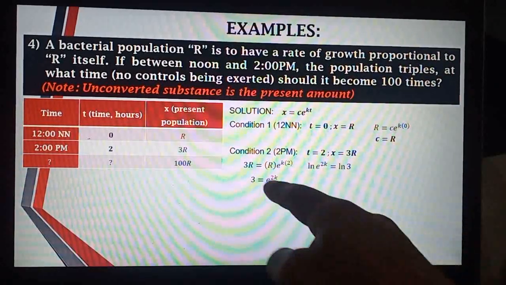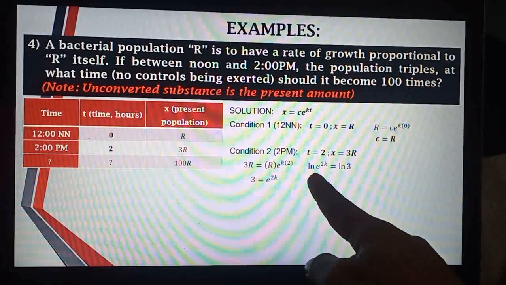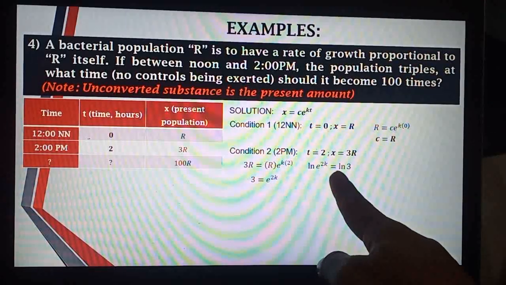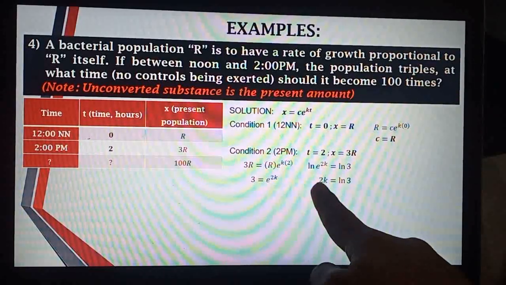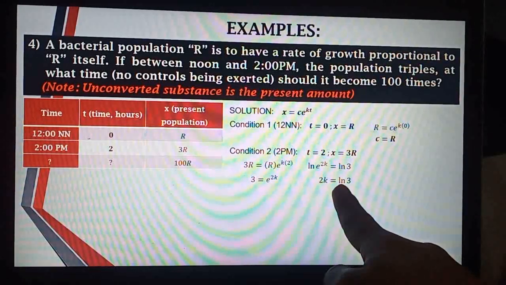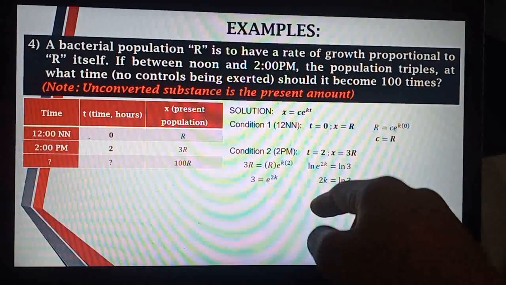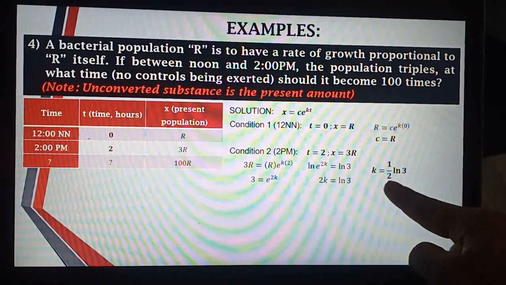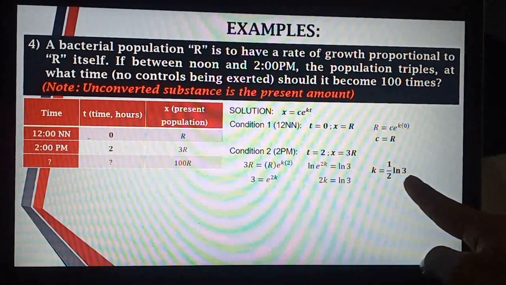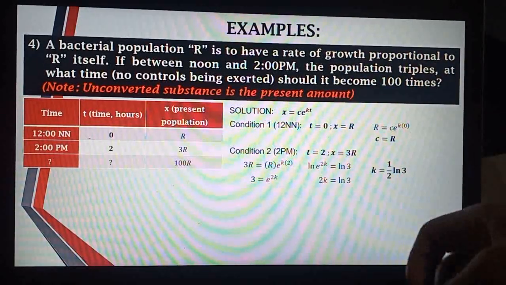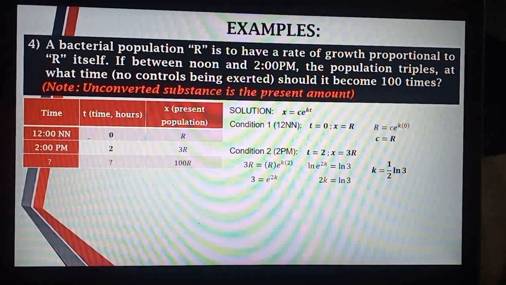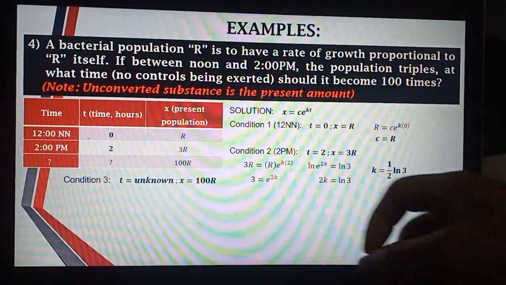Taking the ln of both sides, you will have ln of e raised to 2k equals ln of 3. So, mawawala ngayon si ln saka si e. You will have 2k equals ln of 3. Then the value of our k is 1/2 of the ln 3. Now we will use the computed value of k and the computed value r dun sa third condition para mahanap natin ngayon si time.